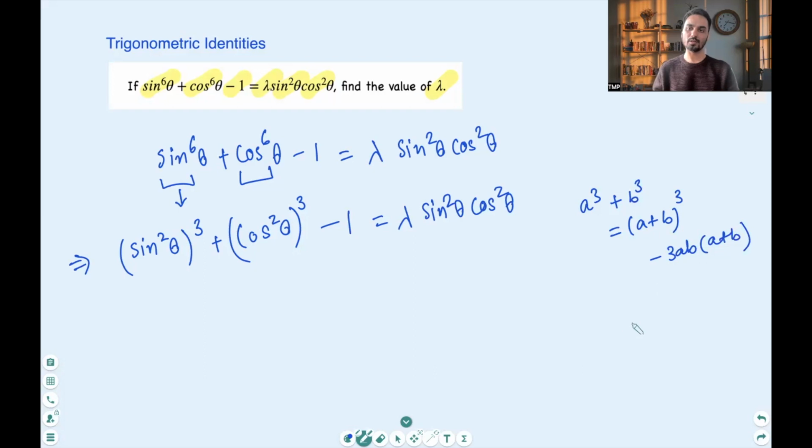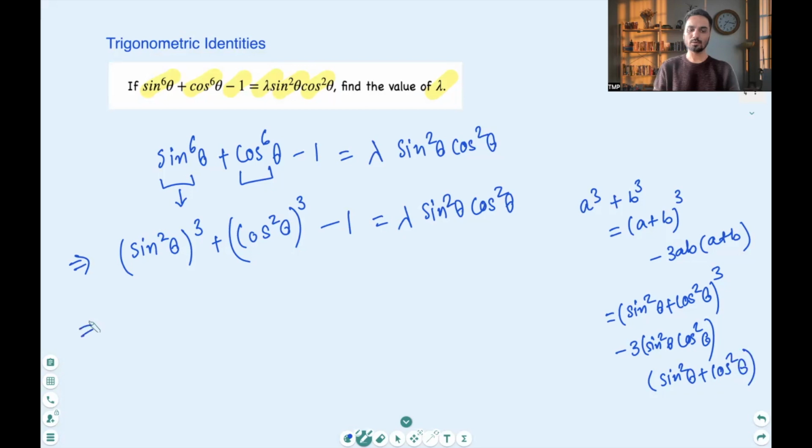And in this identity, if you replace a with sin² and b with cos², you will get (sin²θ plus cos²θ) cube minus 3 times sin²θ cos²θ times (sin²θ plus cos²θ). And we know that sin²θ plus cos²θ is 1.